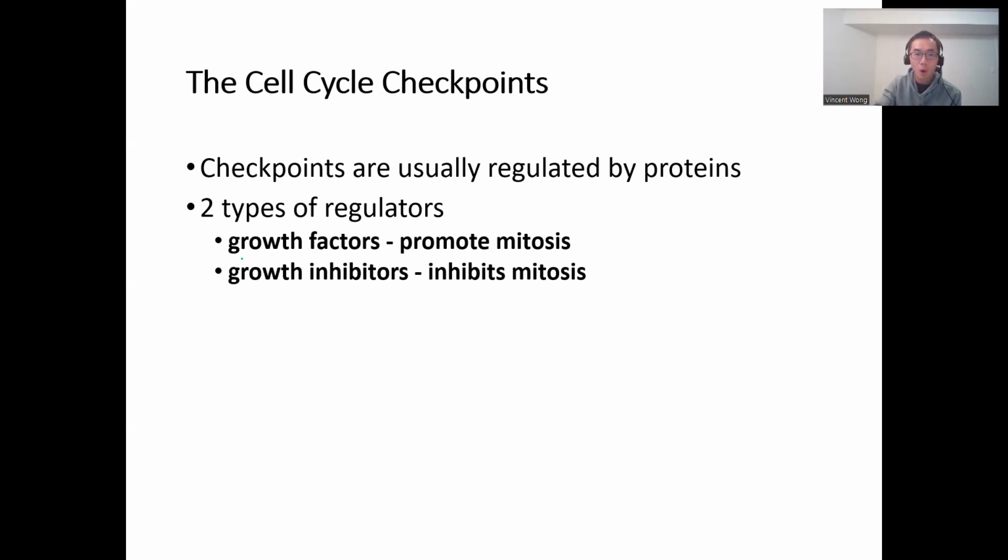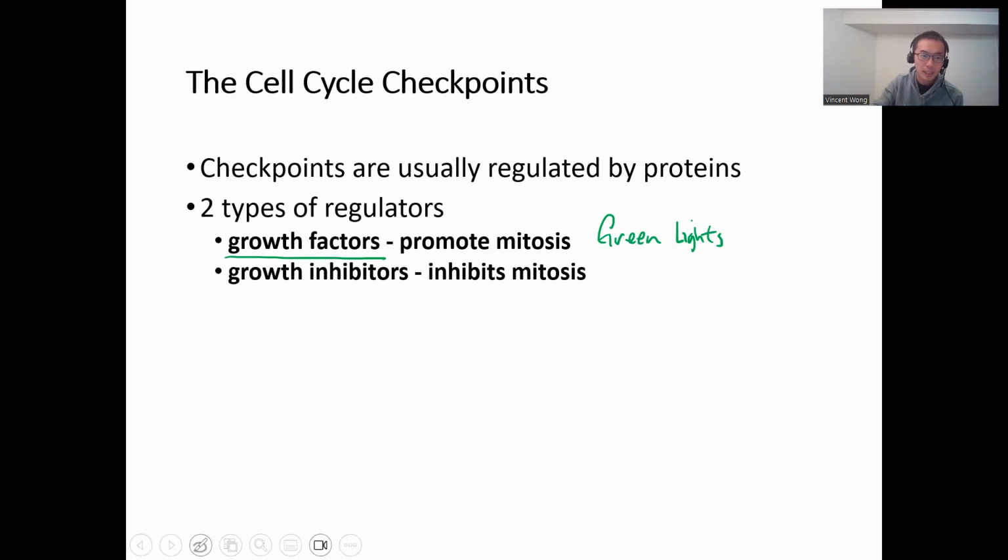We have proteins that serve as growth factors in the checkpoints, in the G1 and the G2. Their job is to promote mitosis. So you can think of them as green lights. Green lights light up, you go, you divide.